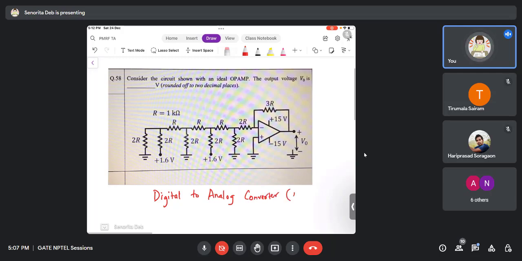DAC, you will study about it in digital electronics. This is an R to 2R ladder DAC. So I'm not going to explain it. Okay, I'll just tell you with the help of formulas. You go into this concept and you read it yourself. This is called R to 2R ladder. So my laptop's battery will go now.